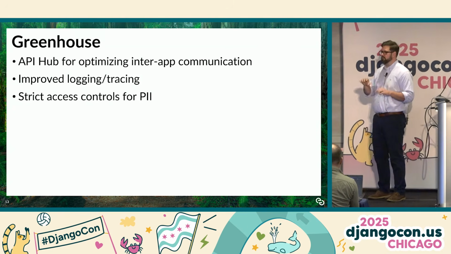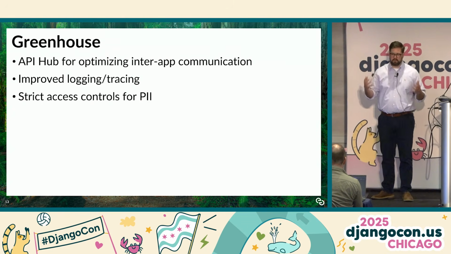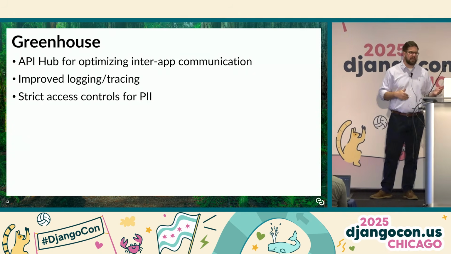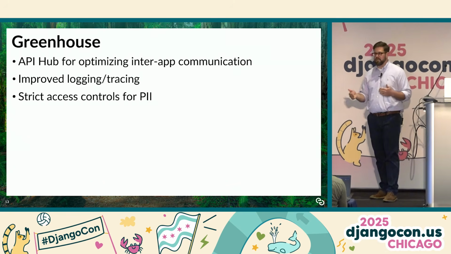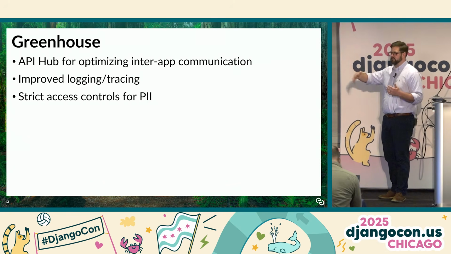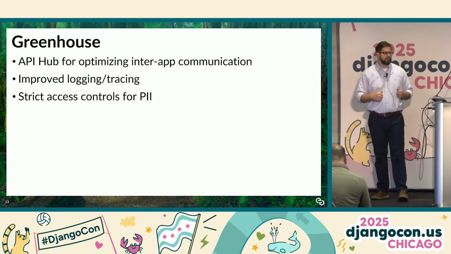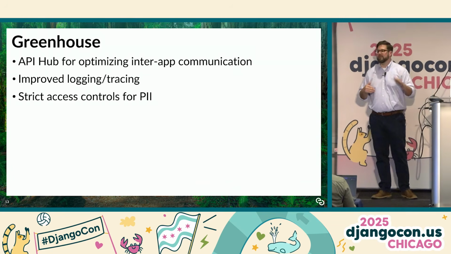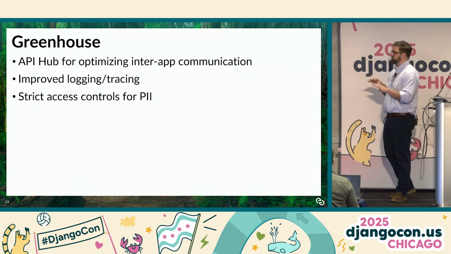So we didn't have to worry too much about this. This is something we had anticipated. Our CIO at previous companies had issues with inter-app communication kind of bubbling up as the apps grew and grew. And so we designed this application called Greenhouse to make this a bit smoother for us. So this is part of the solution.